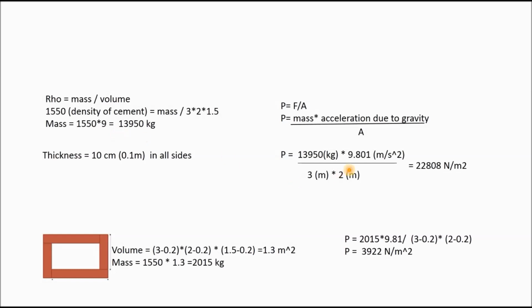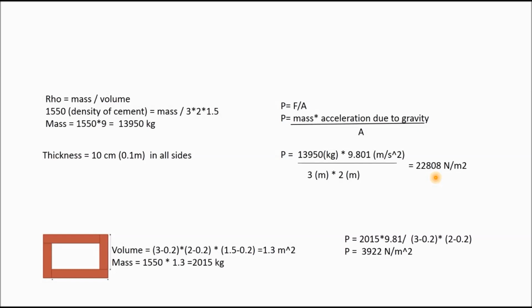solid. Then you multiply by 9.8, then divide by the area. Then the pressure will be 22,808 Newton per meter square, or this much Pascal is continuously coming on the floor. If you divide by 10 raised to 5, it is 0.2 bar, the pressure completely pushing down to the floor.